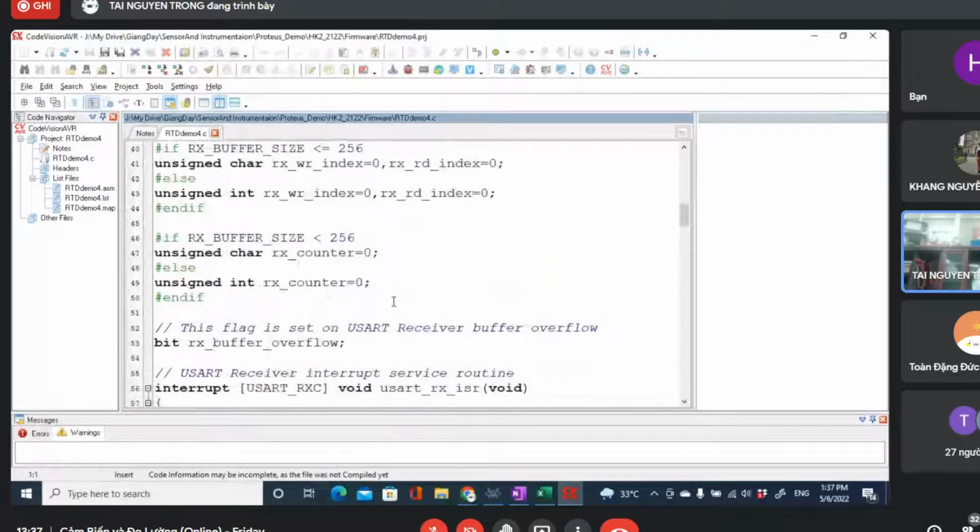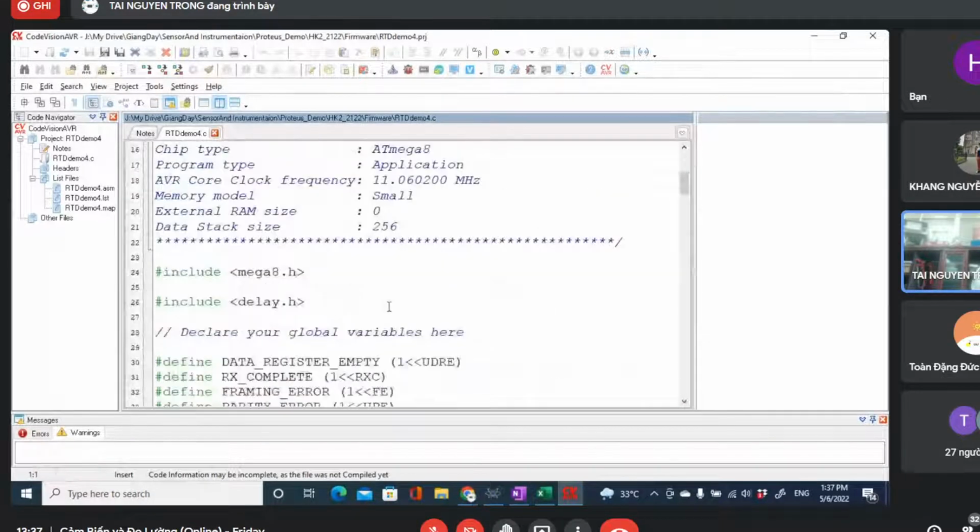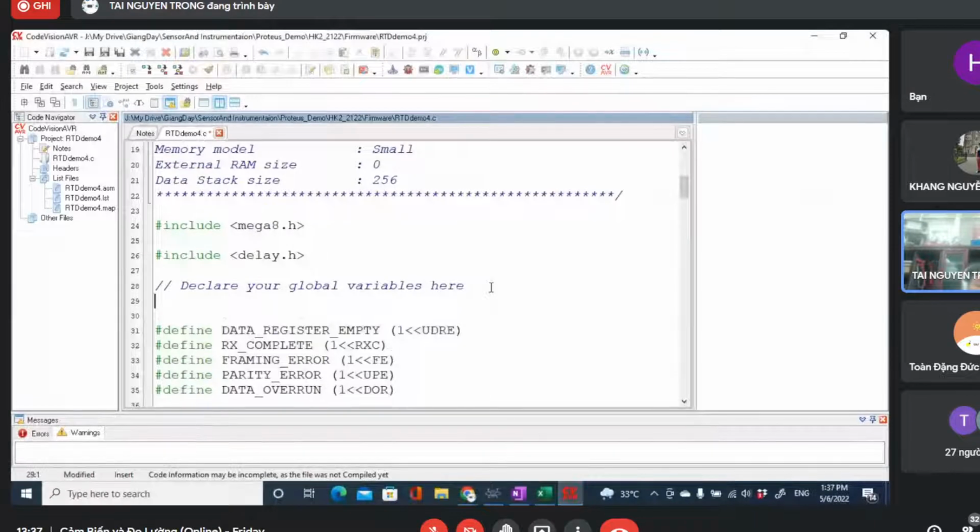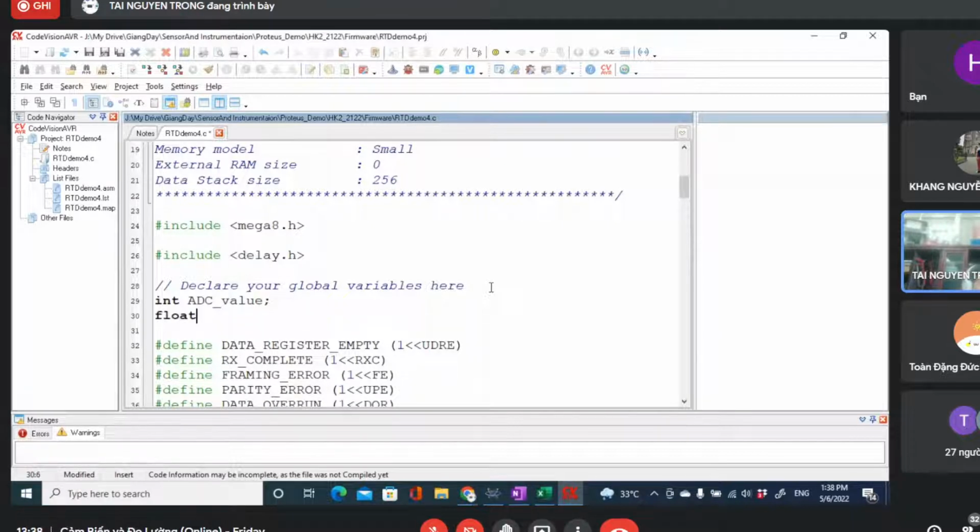At first we declare the ADC value, and we take float for voltage and for temperature.